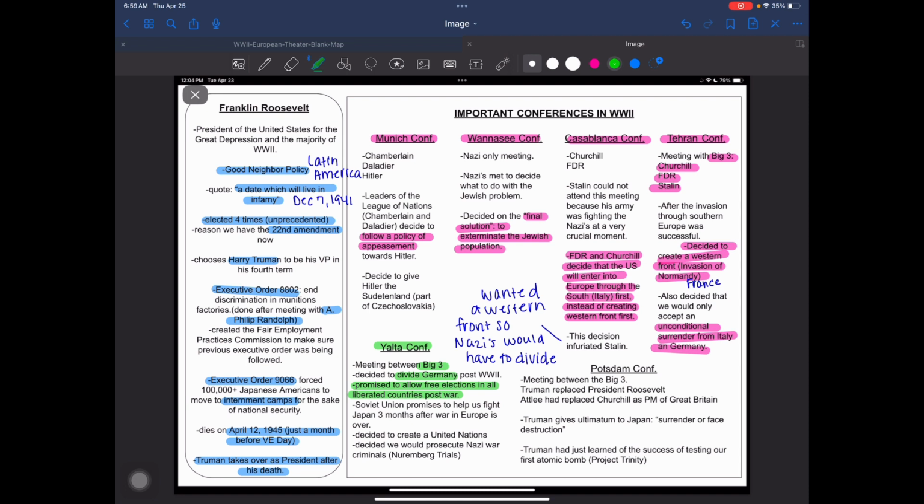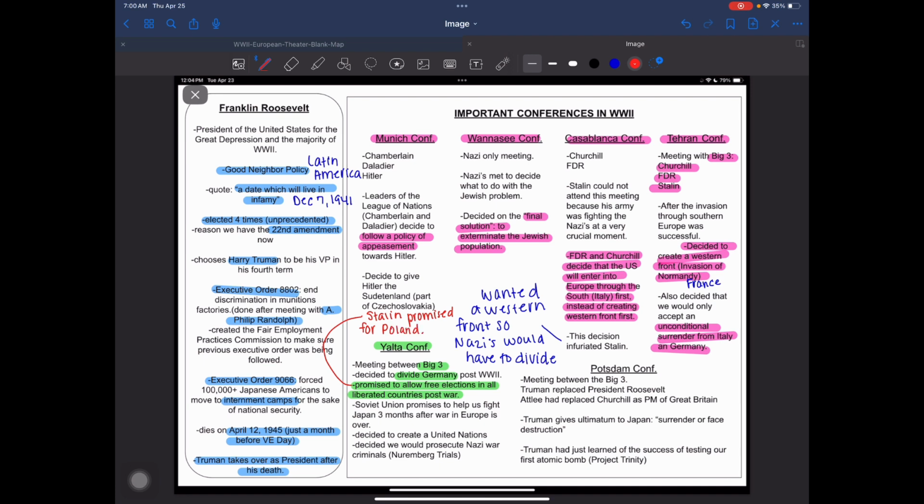This is where I want you to write. I'm going to change colors, and I'm going to write this in red because it's all about the Soviet Union and communism. Specifically, the country that I want you to know about is Poland. I want you to know that Stalin really promised this for the country of Poland.